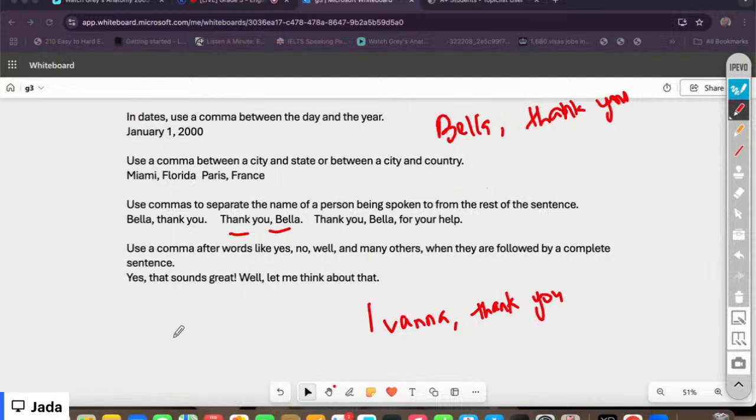Or we could also have "Okay, David." All right, so this is what you need to do if you want to put a person's name after a sentence, or to differentiate it, you have to make sure that you put a comma. Even if the sentence is long like this, you would say "Thank you," comma, "Bella," comma, the remaining sentence. Okay?